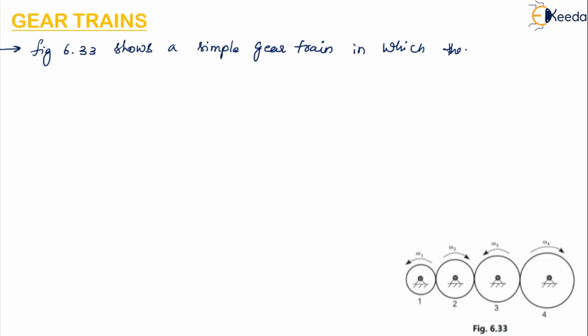The figure shows a simple gear train in which there is only one gear for each axis.